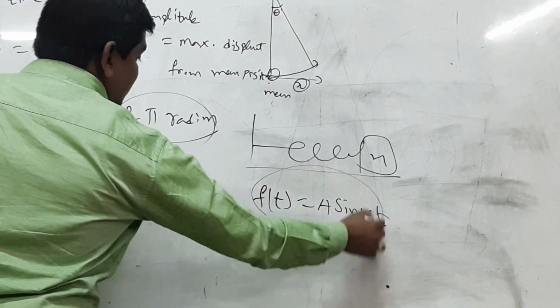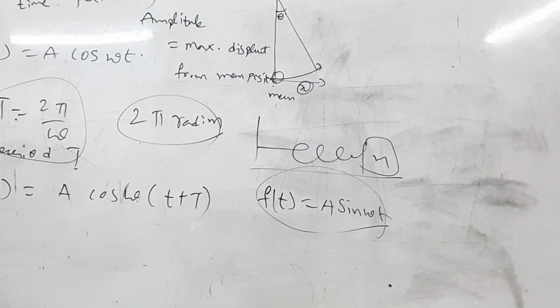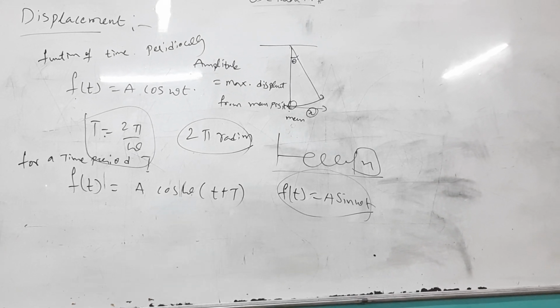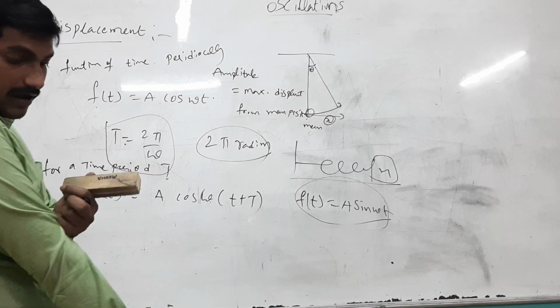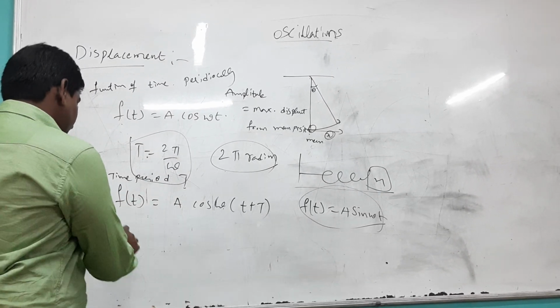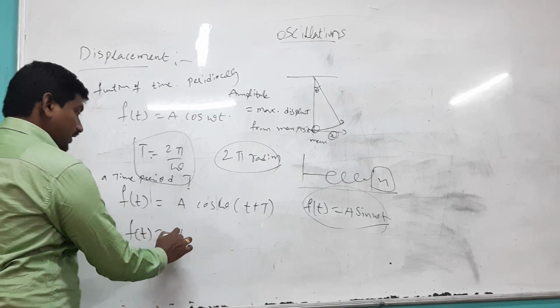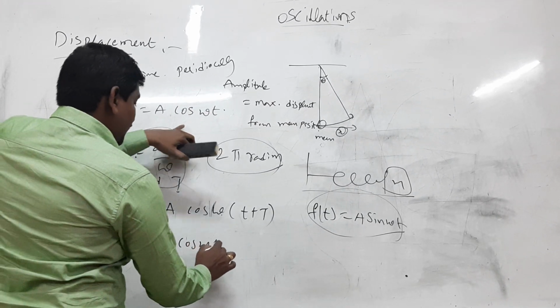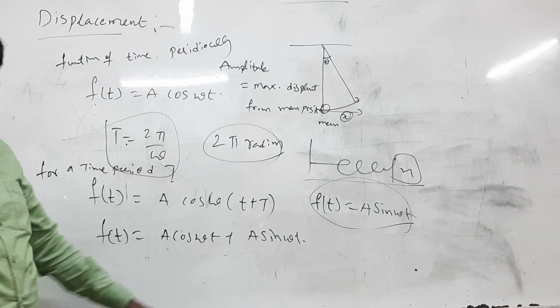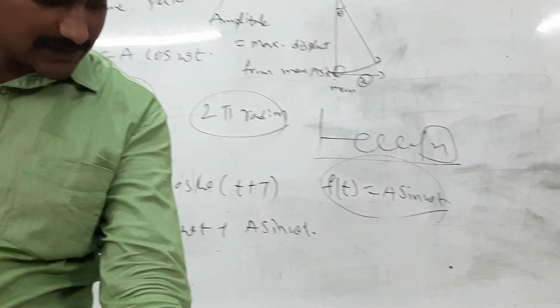Of course, this depends on how the angular displacement comes, but both are periodic waves only. I can use them combined also, which we call a linear combination of the function of time: f of t equal to a cos omega t plus a sin omega t. This gives a combination of cosine as well as sine.